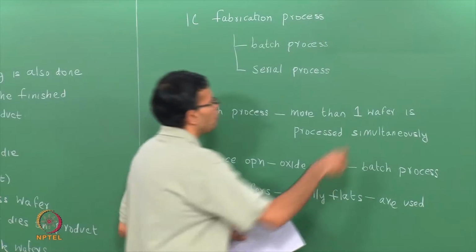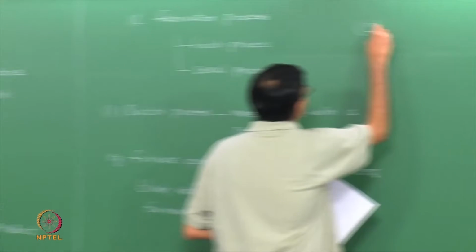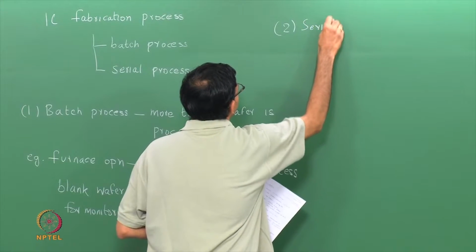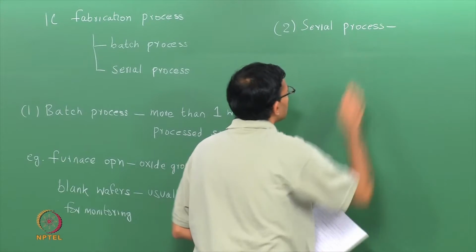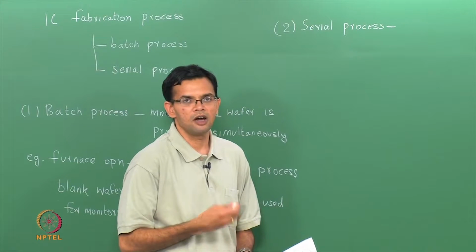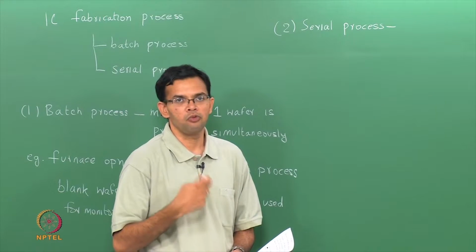The other type of process is a serial process. In this, the wafers are processed serially, so one at a time.